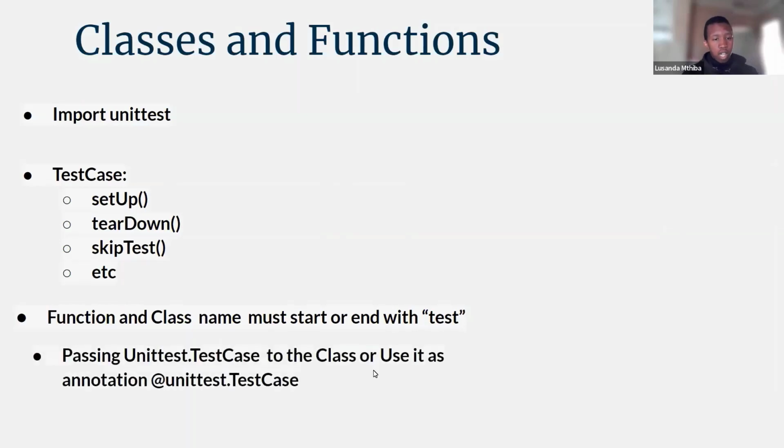If you are writing a class, then you have to pass unittest.TestCase to the class, or use the annotation of unittest.TestCase above the class that you are writing a test for.